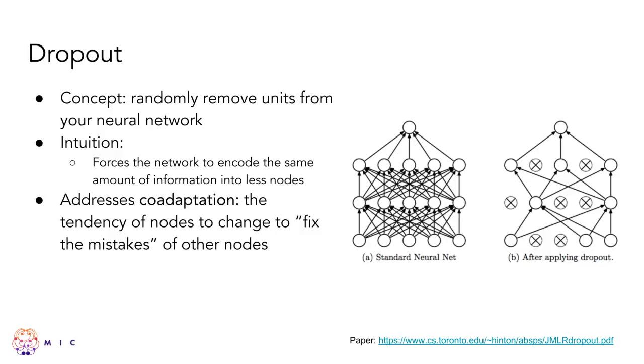They try to account for their mistakes too, and they become, in a weird way, codependent, interrelated. And this is not what we want, because we want our individual nodes to train for more general patterns. We don't want them to depend on the existence and context of other nodes around them.